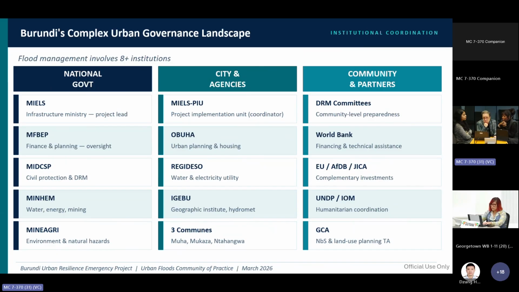Flood management involved more than 8 institutions across national government, cities and agencies, as well as the landscape of development partners operating in Burundi and in Bujumbura. So the prioritization of the investments included under the project took a significant level of consultation across these various governing landscapes and players in the city of Bujumbura.